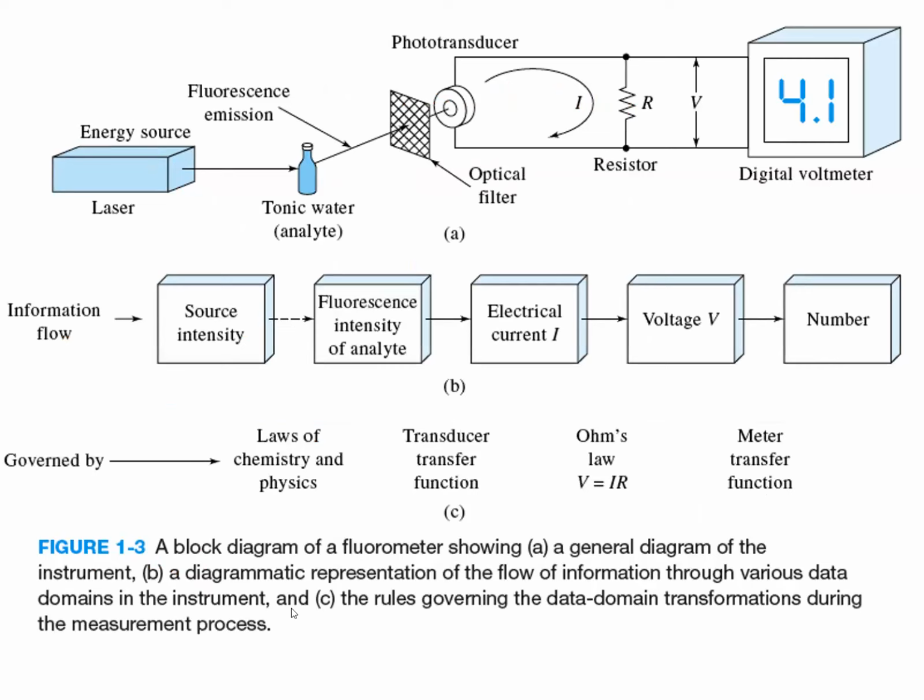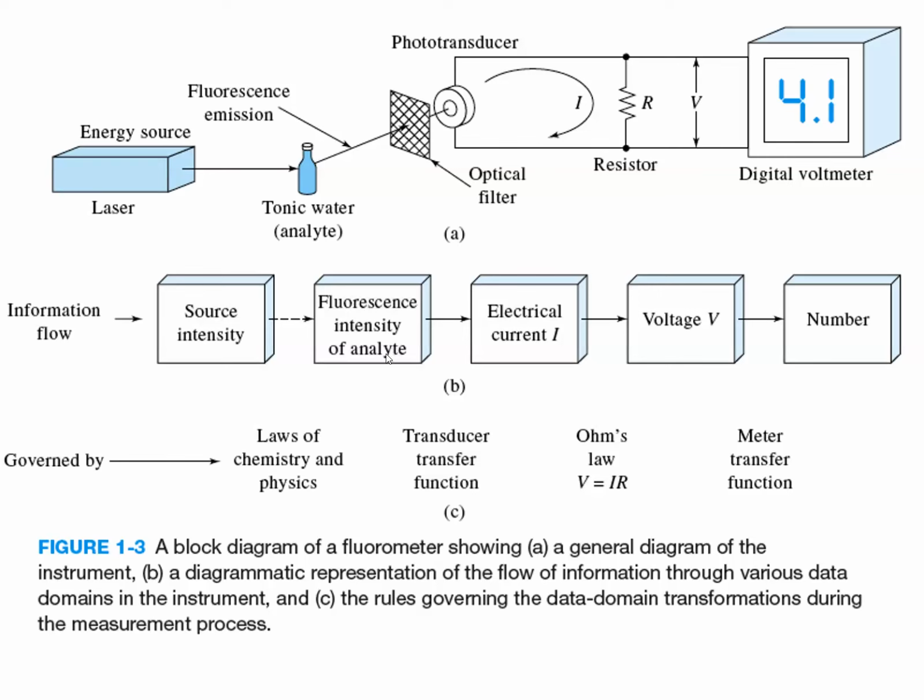Now, part B of this block diagram tells you how this information is transmitted from one end to the other. So you get the information flow, you have a source intensity, and then you get fluorescence intensity of your analyte. So the analyte is in this tonic water, for example.